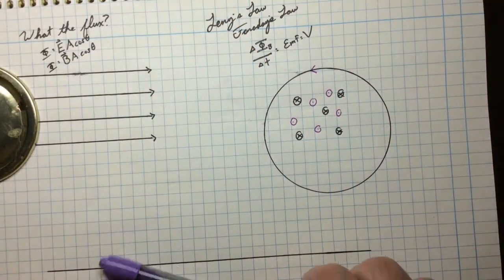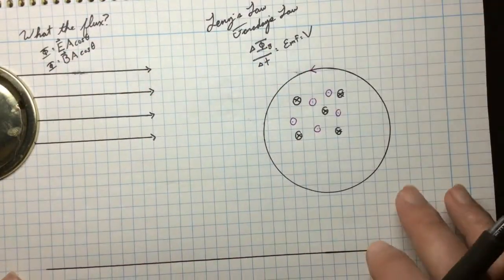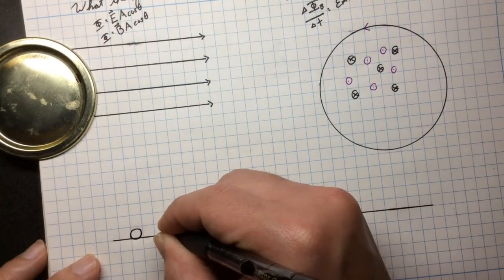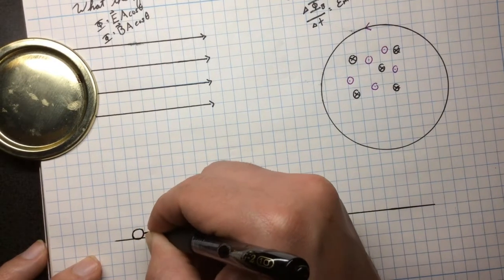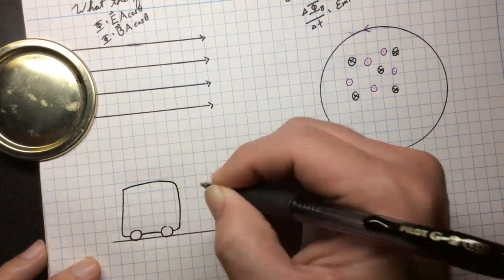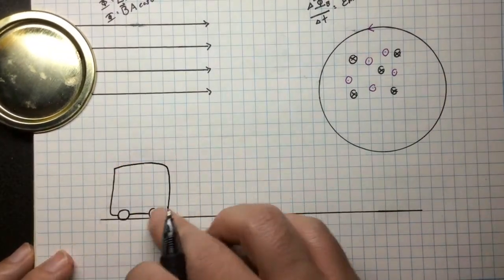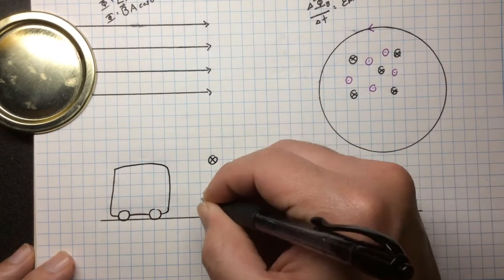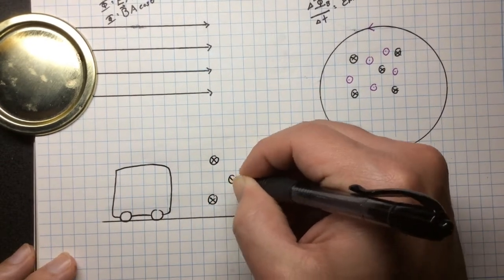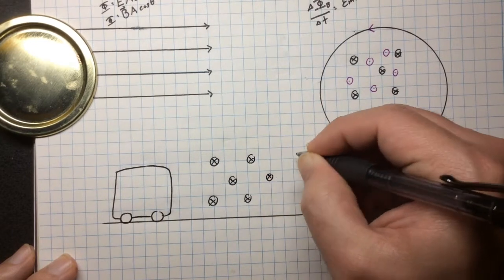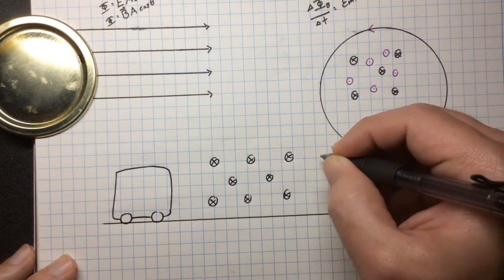Classic problem that I like to show is, what if we had a little cart, and this cart was itself a big loop of charge, or a big conductive loop, and let's say we had this region of space where you had this magnetic field that goes into the page.